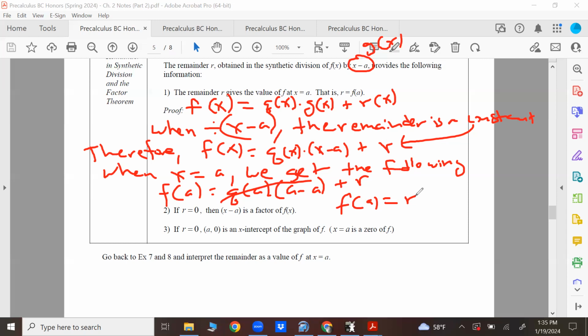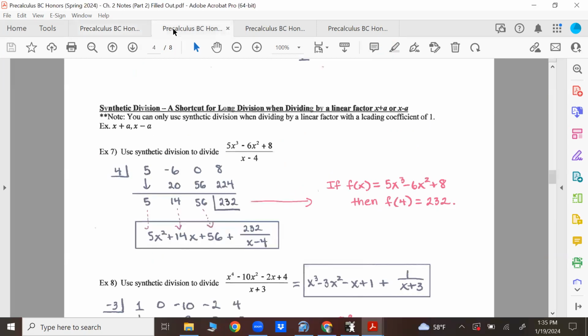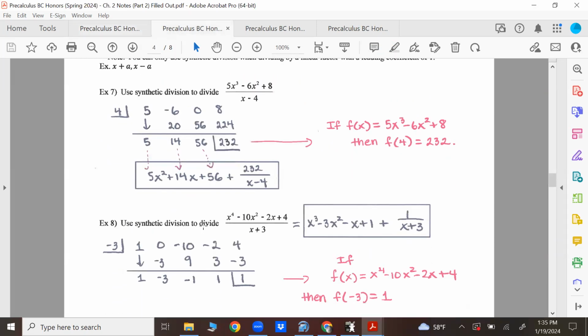So if we go back to examples 7 and 8, let me just clear this for a moment. Hold on. So I go back to this, right? f of x equals this, f of 4 equals 232. The remainder was 232. That's the same thing as f of 4. For here, you assume that you're dividing by x minus a, right?